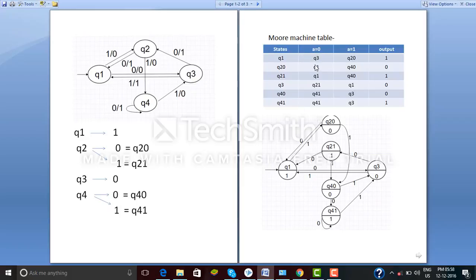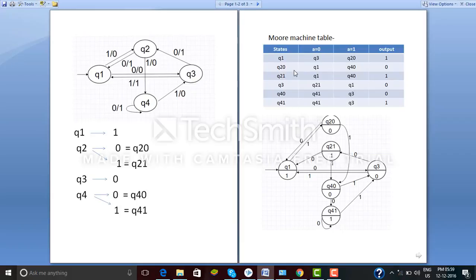By giving input 0, it goes to the Q3 state. So we draw this line going towards Q3 by giving input 0. Then by giving input 1, it goes towards the Q2 0 state. So we draw this line towards Q2 0 by giving input 1.